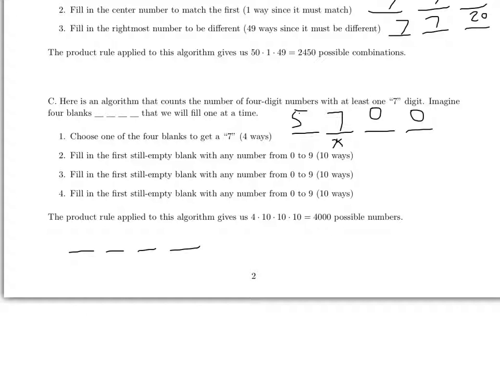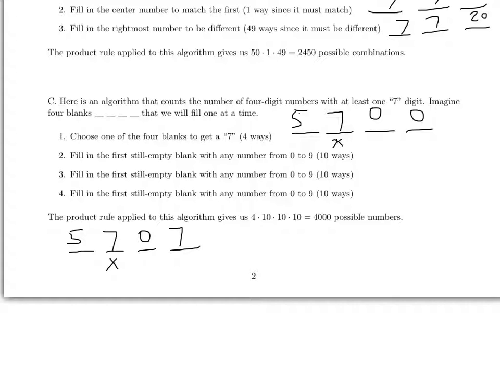So for example, if I, instead of picking the 7 here, and then let's say I put a 5 there, a 0 there, and let's say I put a 7 there. So that's following the same 3 steps. Decide where the 7 goes, pick anything for the first blank, I put a 5, pick anything for the second blank, I put a 0, and pick anything for the third blank, I put another 7.